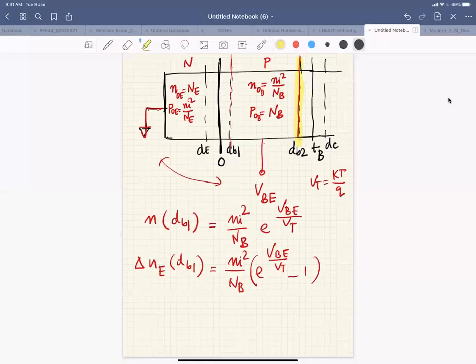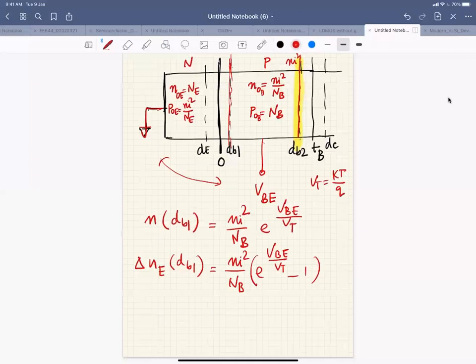If you look at the steady state, the electron concentration here will be ni square by nb all the time, because I have higher electron concentration here because of injection.